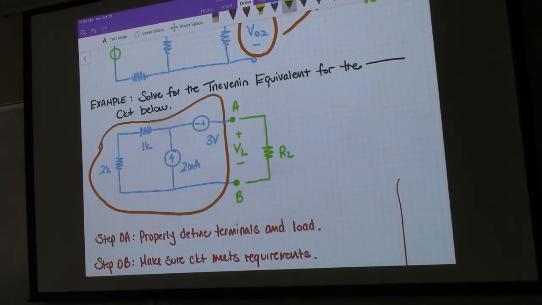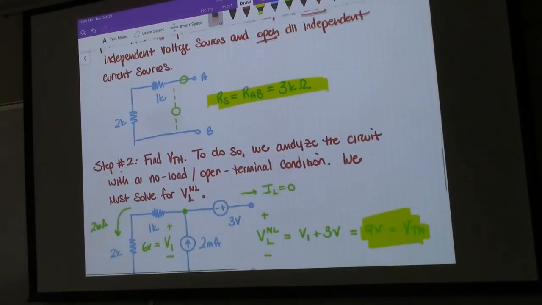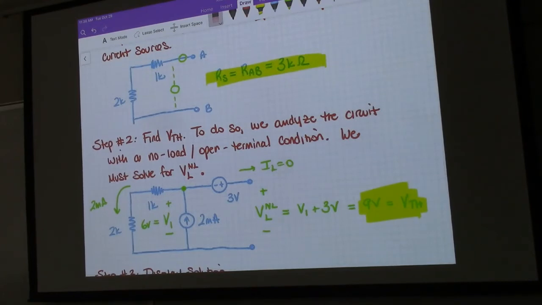So now let's talk for a second about why we talked about superposition and linearity and all that good stuff and how that applies to the way that we do this. So what's going on here?